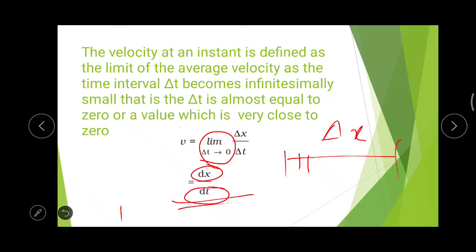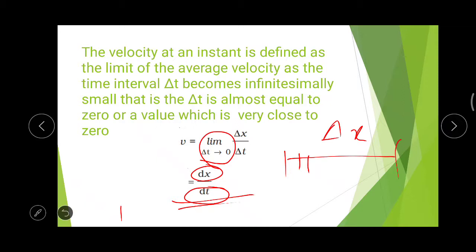So this dx by dt is known as the instantaneous velocity. If you are provided with the average velocity, then you have to apply the limit of delta t tends to 0. That means the time should be considered almost equal to 0, then you can obtain the instantaneous velocity value.